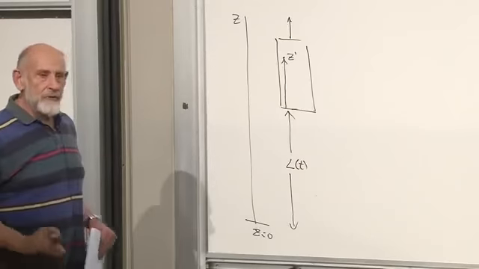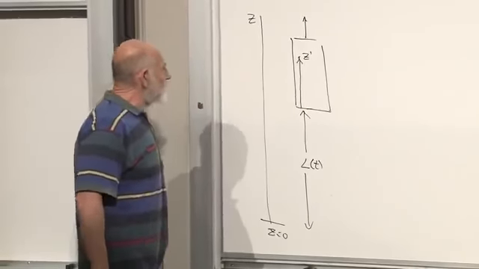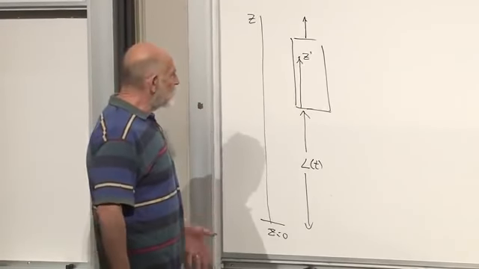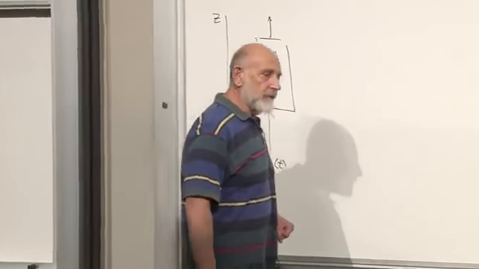We're going to be interested in the following question. If we know the laws of physics in the frame Z, surely we can figure out them in the frame Z prime, and we're going to do that. Now, one fact about today's lecture. At least in the start, I'm going to ignore special relativity.